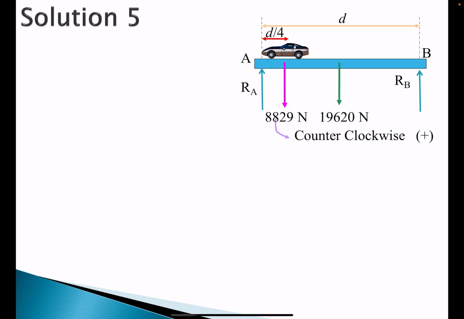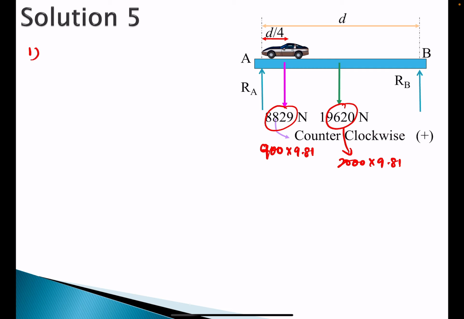First things first, I convert the mass to weight. W equals mg. So you will get 900 times 9.81, and then 2000 times 9.81, which is 19620.